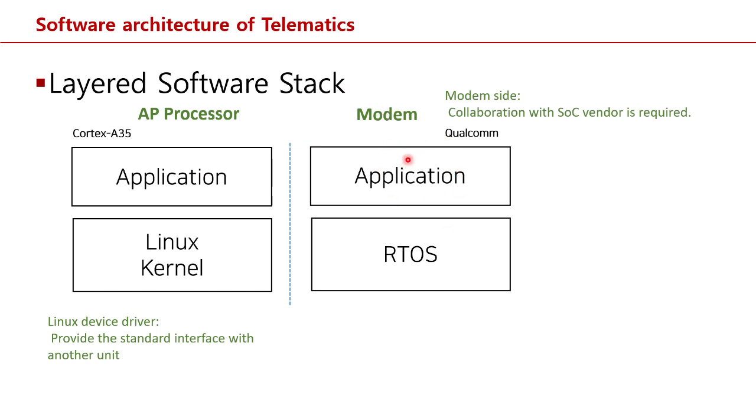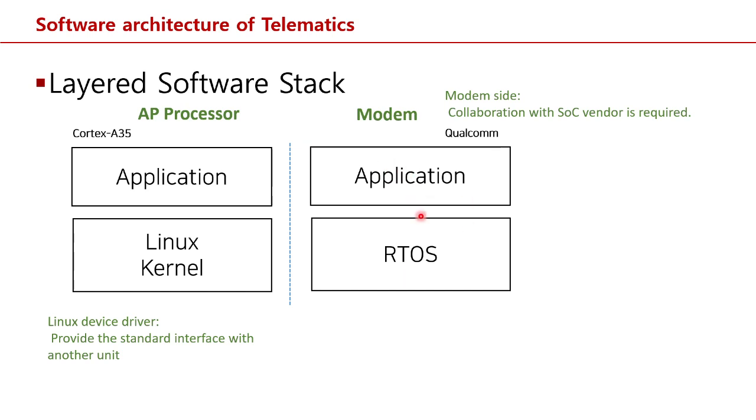Inside the modem processor, the real-time operating system is implemented by the modem vendor. In the Qualcomm chipset, the real-time operating system is implemented by the Qualcomm modem software developers, and then applications can be implemented in the modem processor.